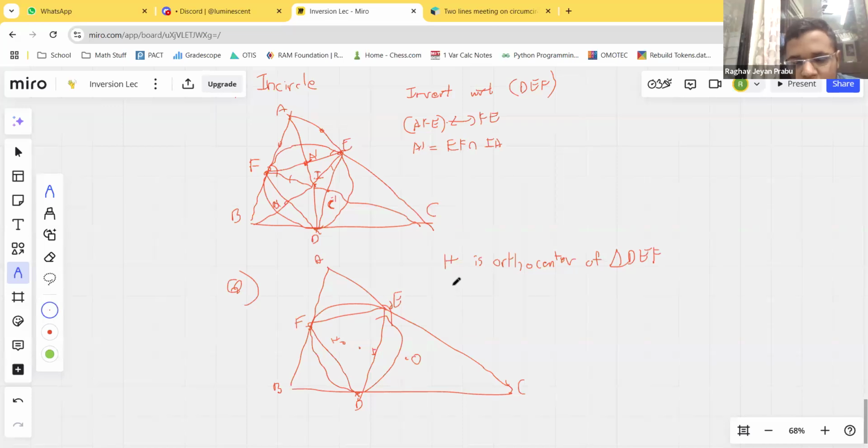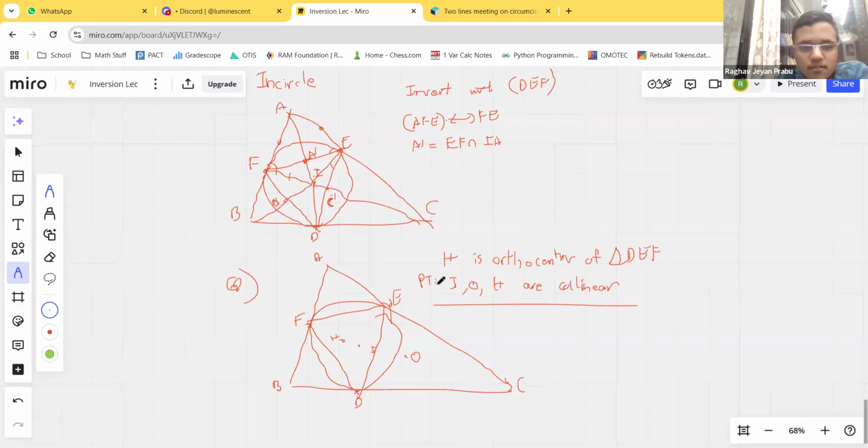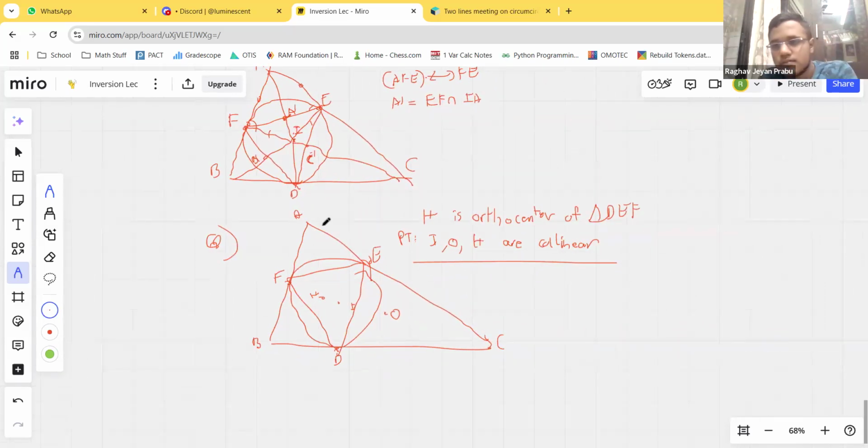So can you prove that I, O, H are collinear? I'll give you 2-3 minutes to think about it. Know that we are using incircle inversion here. That's already one hint.